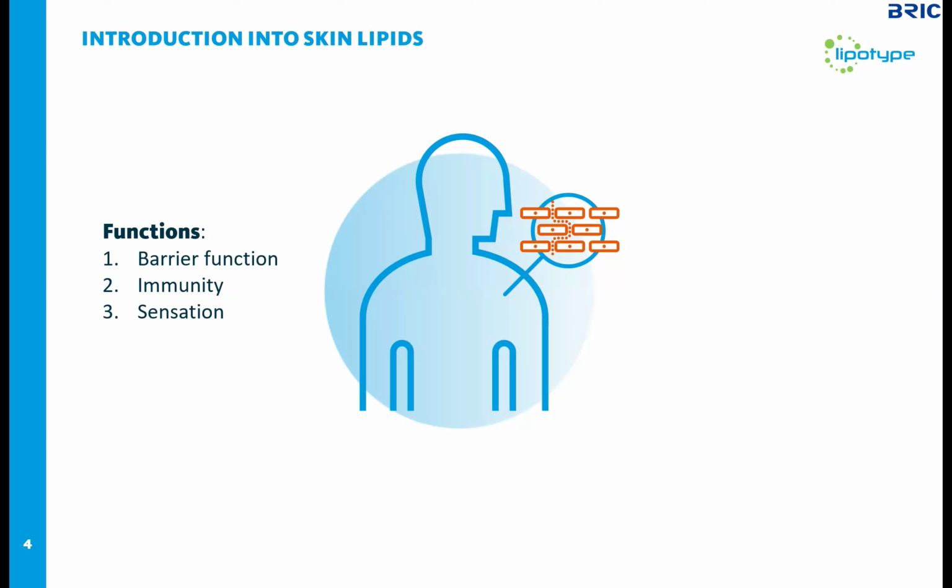Skin is an important immune organ because it acts both as a physical barrier and it's not just a passive shield against pathogens, but it contains a complex network of immune cells which create the skin's own immune system. And last but definitely not least, skin massively contributes to our sensation, to how we perceive the outside world.